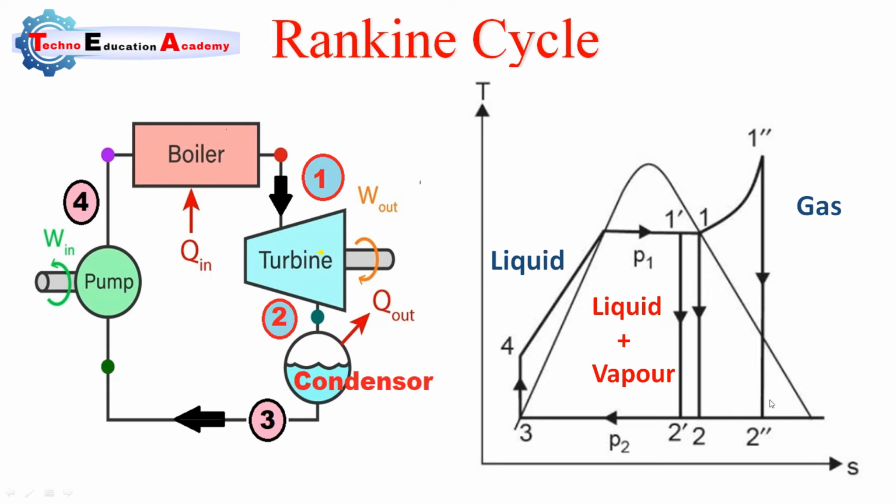Here the latent heat is transferred. Latent heat means the temperature remains constant and phase transformation takes place. So you can see that throughout the process the temperature remains constant, represented by a horizontal line.